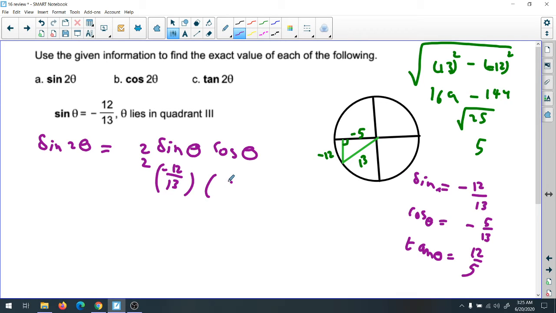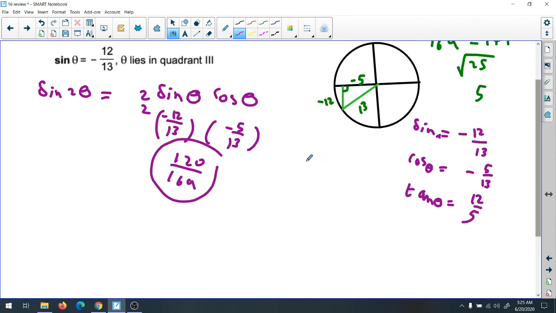Cosine is negative 5 over 13. So 2 sine cosine: negative times negative is positive, and 5 times 2 is 10. 10 times 12 is 120. So it will be 120 over 13 times 13, which is 169. This is the answer of A, sine double angle.